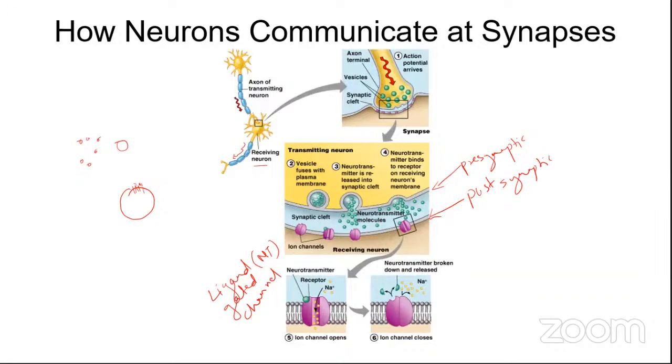You rather cannot afford to inactivate it, because you want that till the neurotransmitter is there, there should be a continuous generation of action potential, right? So how will you control?